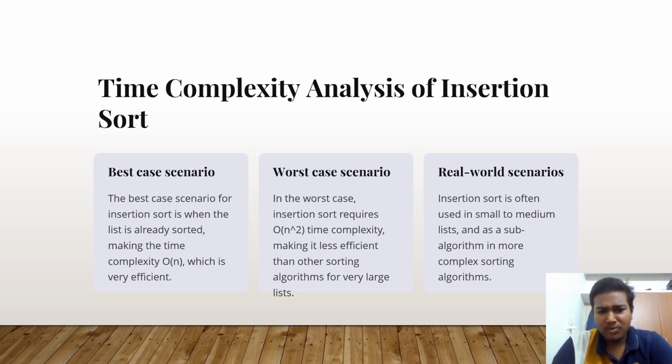Worst case scenario. In the worst case, insertion sort requires O(n^2) time complexity, which makes it less efficient than other sorting algorithms for very large lists. This O(n^2) is the formula for the worst case.